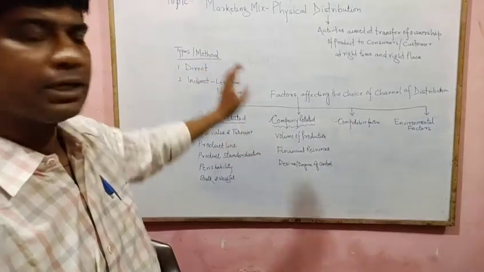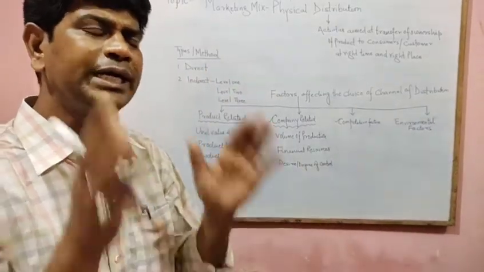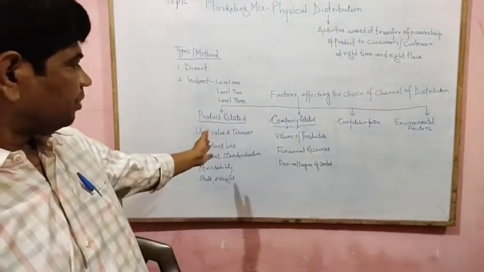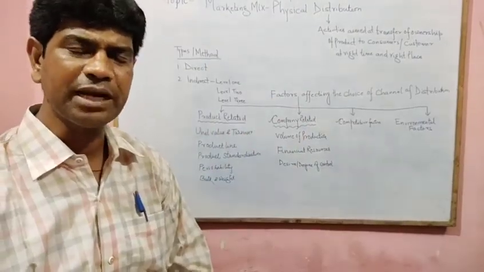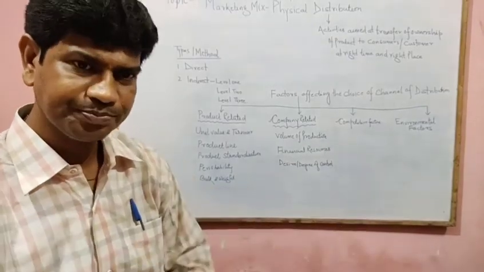But a zero level or direct channel says that there are no intermediaries. So when the unit cost is very low and turnover is very big, usually they can be sold through indirect channels, or the channel can be longer.